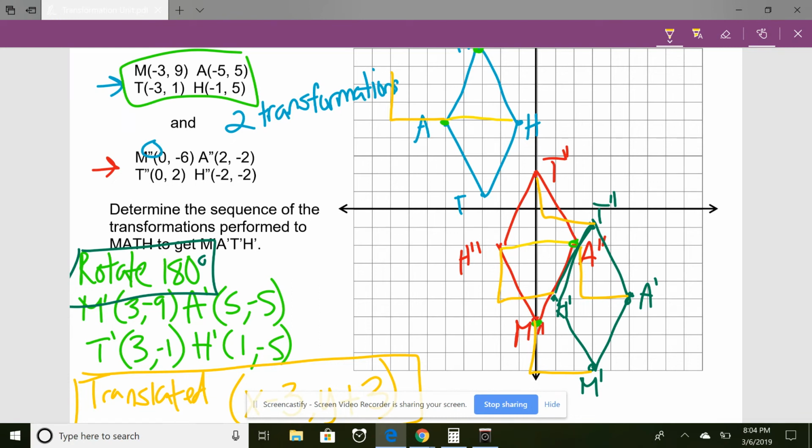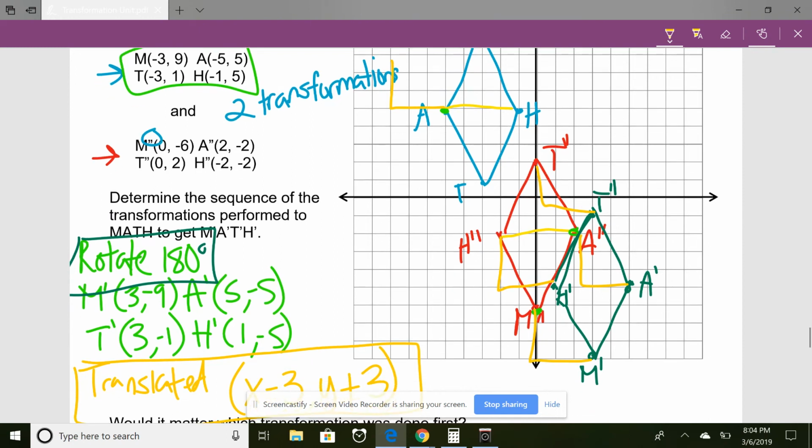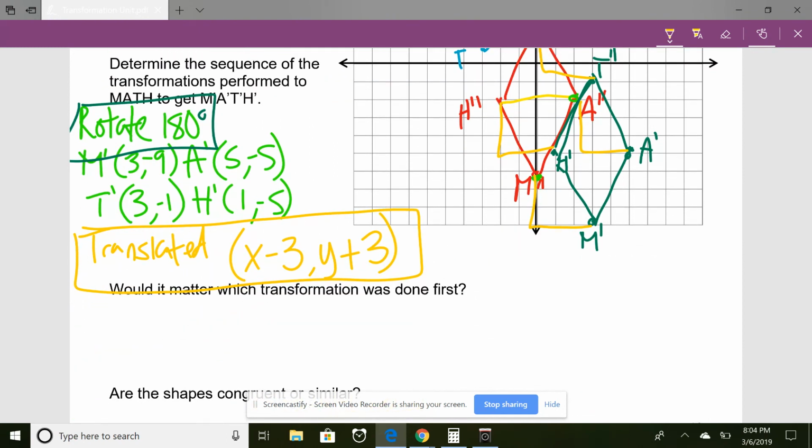That's not the same point. So in this case, the order does matter. Order matters. And there are other ways you can rotate or transform them to get the figure, okay? But I just picked one way to do it.